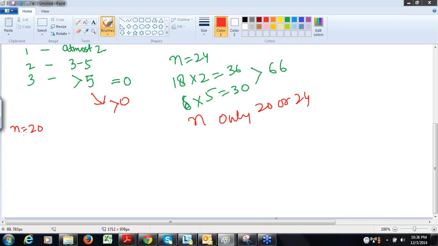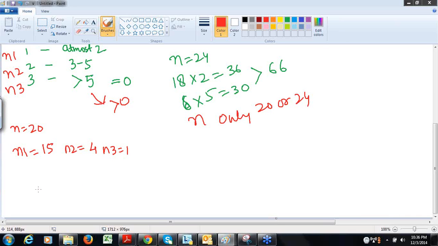If n is equal to 20, in that case n1 will be 75% of it, that means 15. n2 will be 20% of it, 4, and n3 will be the rest of it, 5% of it, which is 1.